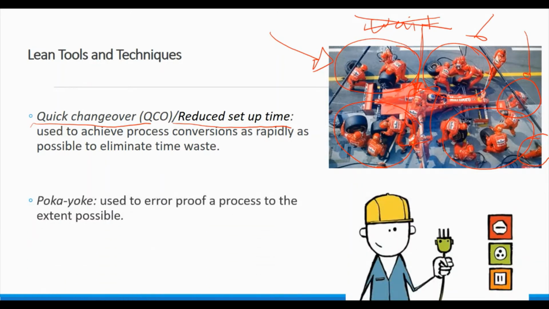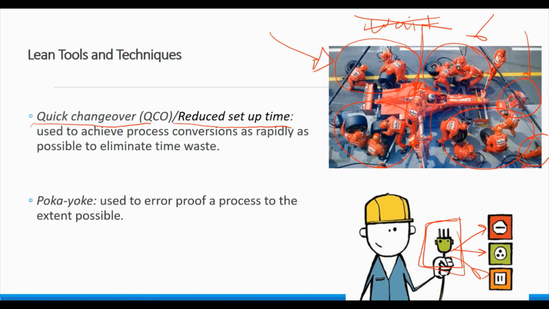Poka-yoke. Poka-yoke is used to error-proof a process as much as possible. In here, we're seeing one worker who needs to plug in a machine, but with the plug-in itself, you can only use one of the plugs. This is a way to poka-yoke the process to get the right current.